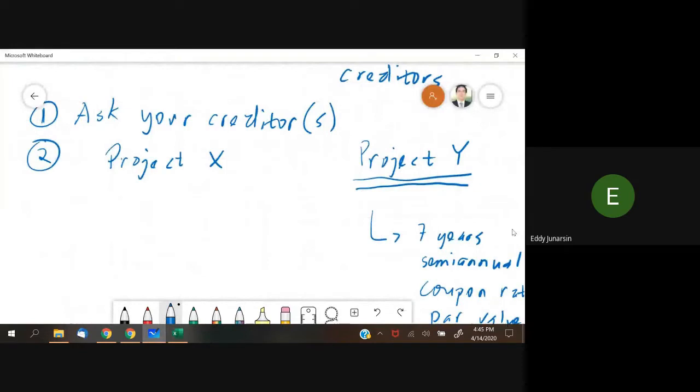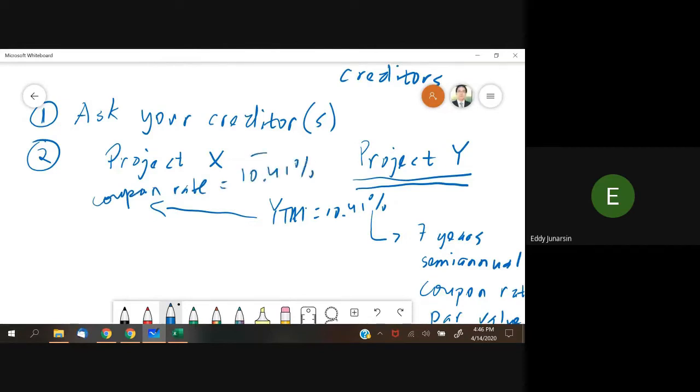Another project by another company has a yield to maturity of 10.41%. So we are saying that if we are going to issue a bond with similar characteristics as the other company's bond, then most likely when we issue this bond today, the coupon rate that we have to offer is about the same, 10.41%.